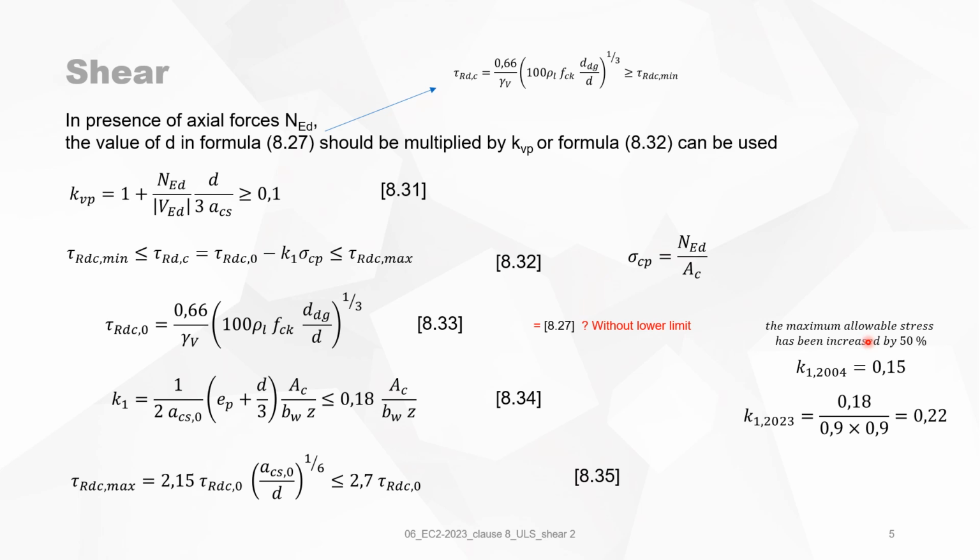So if you remember the first video on shear, then you see that the calculation of the RDC was too pessimistic in the present Eurocode 2 of concrete. So this is now rectified by this coefficient.